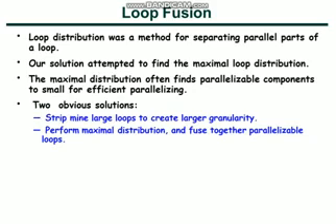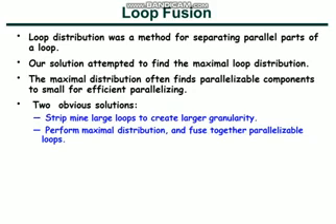In one loop there may be a number of instructions which are parallelizable, so those would be separated. This is known as loop distribution, and we always try to maximize the loop distribution.